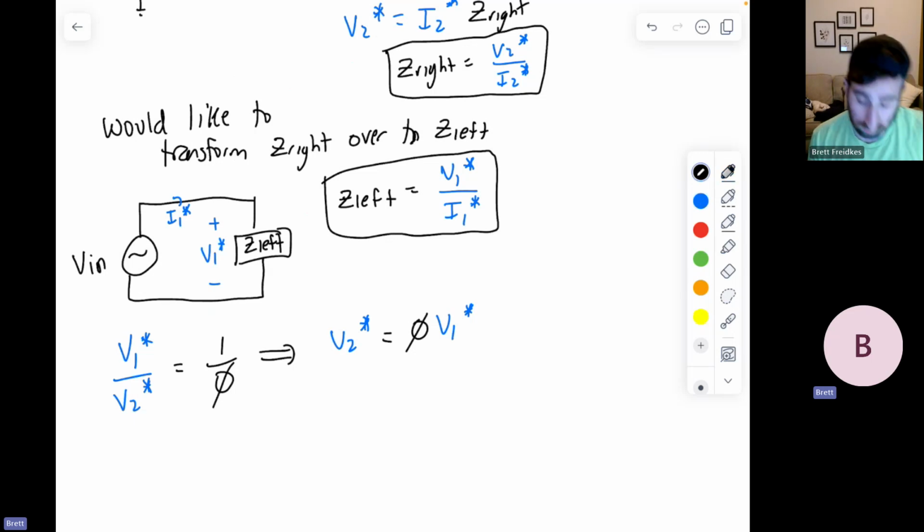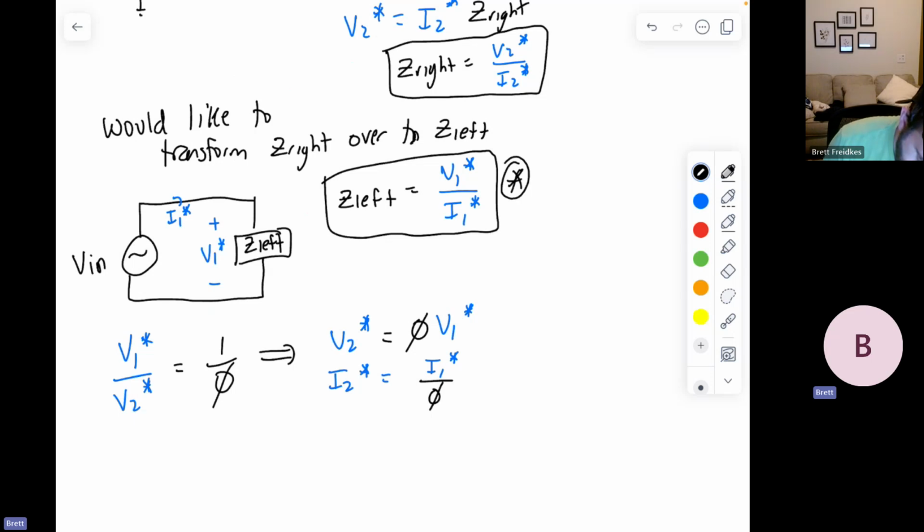And we also know, based on what we talked about before, that I2 star has to be I1 star divided by phi for power conservation. So I would like an expression for Z left in terms of Z right. So maybe I will solve for V1 star and I1 star and then plug it in terms of V2 and I2, because then I can use this definition up here to replace that.